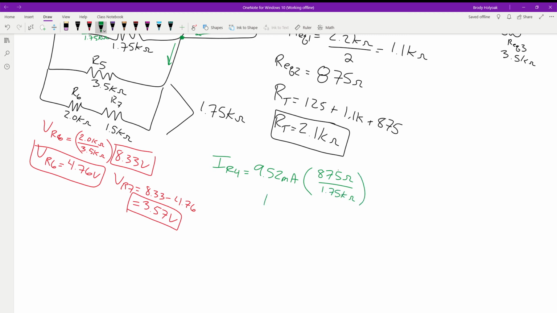Because we take our I total times the R total divided by whichever resistance we're looking for. That's our formula. Yeah, each branch. So when we run this through, what do we get?